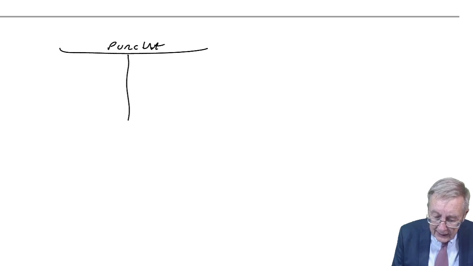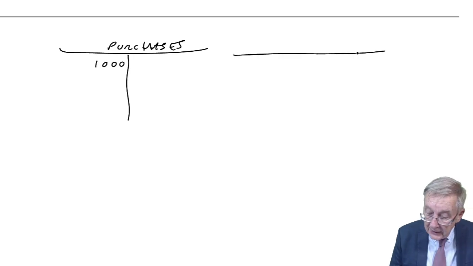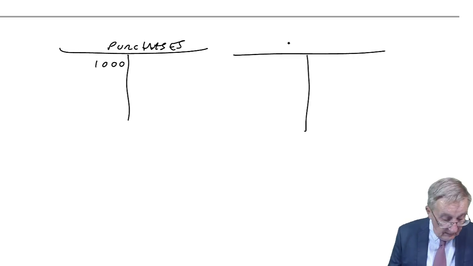Well, what are we going to do? We get the invoice for £1,000. And of course, the day we receive the invoice, we don't yet know whether we're going to pay on time or not. So when we get the invoice, debit purchases, credit the supplier, Mr. Y, with the full amount of £1,000.